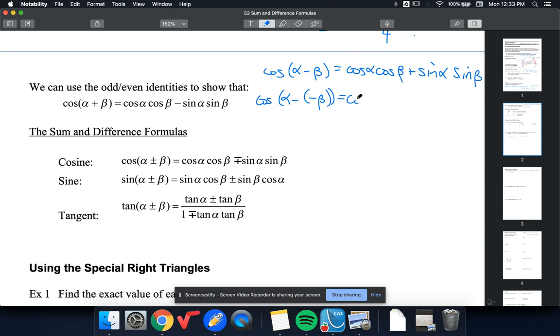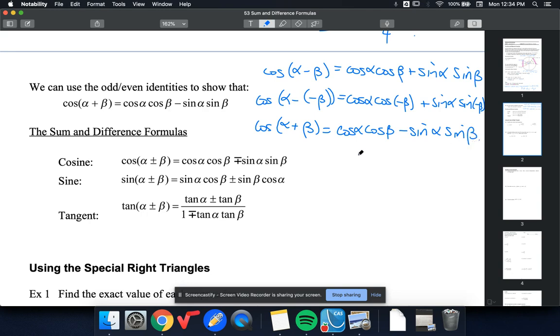According to this rule, that's cosine of alpha times cosine of negative beta plus sine of alpha times sine of negative beta. Simplifying this side, I get alpha plus beta. By my even-odd identities, cosine of negative beta is just cosine of beta, so I get cos alpha cos beta. Sine of negative beta, though, is negative sine beta, so minus sine alpha sine beta.